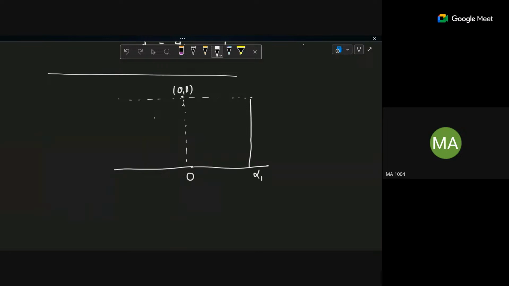It's alpha comma 0, and here it's minus alpha comma 0. Okay, this is also a boundary of your given area, right? And here it is somewhere beta by 2. So yeah, this continuous line is your boundary.